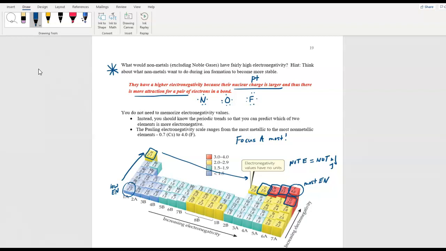And notice, ladies and gentlemen, it's not a lot to ask. Look at these four right here. They increase by 0.5: 2.5, 3, 3.5, 4. And all you have to remember is chlorine is a difference of 1. So these guys increase by 0.5, but right here it decreases by a whole, and then after chlorine it just decreases little by little.